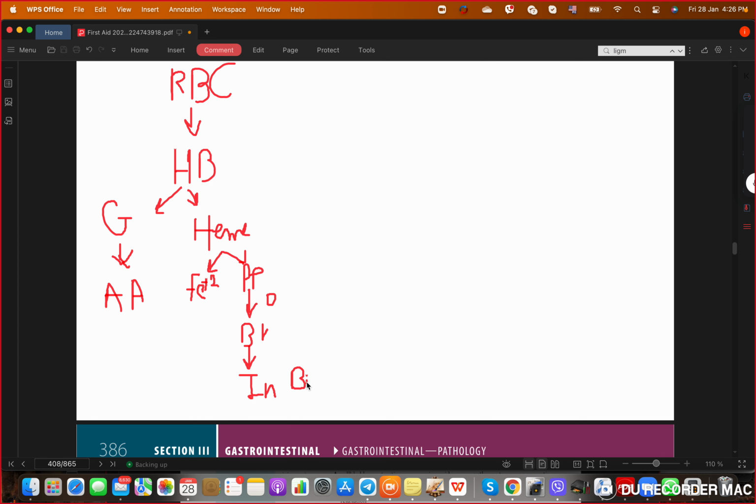Then it keeps going to the liver, zone 3 of the liver, containing the cytochrome P450, which has an enzyme called UDP glucuronyl transferase, which conjugates the unconjugated bilirubin. So instead of indirect bilirubin, you will have direct bilirubin. Okay?